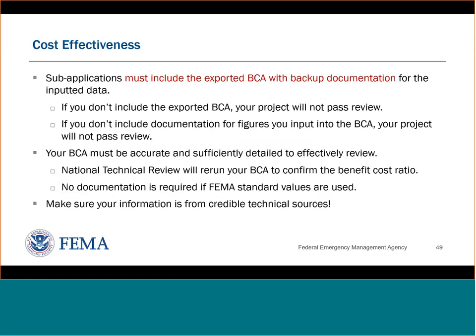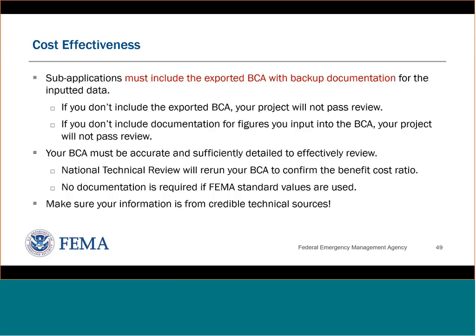So your sub-application must include the exported BCA file and all the backup documentation that you have assembled for the data that you input. There are kind of two types of data, if you will.